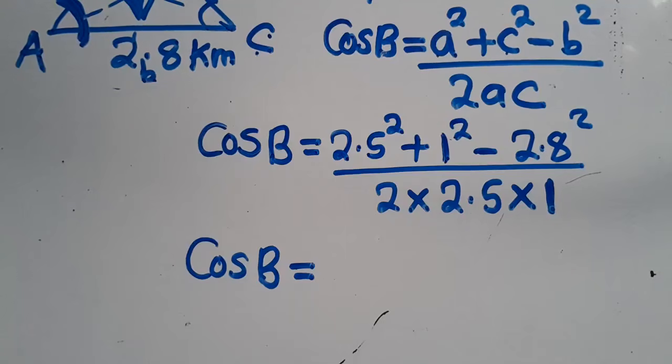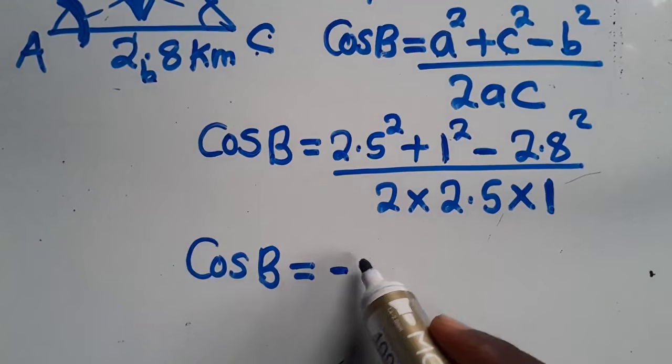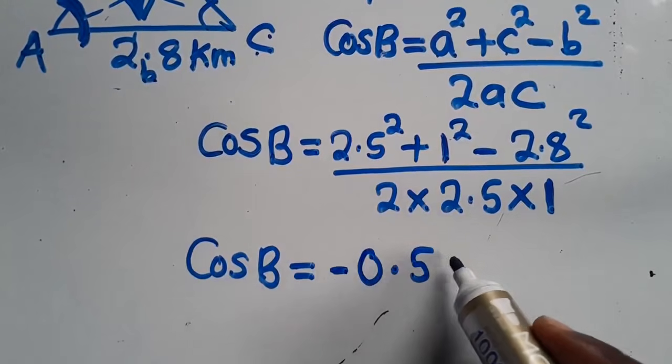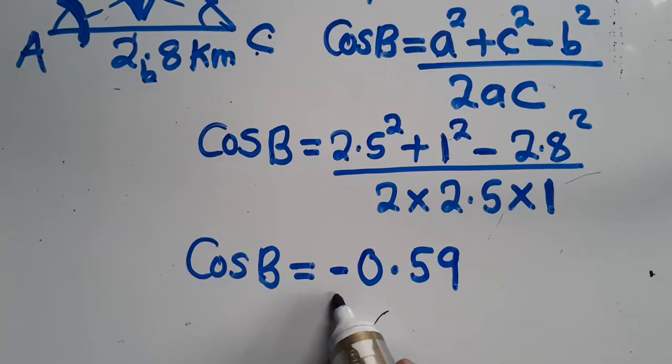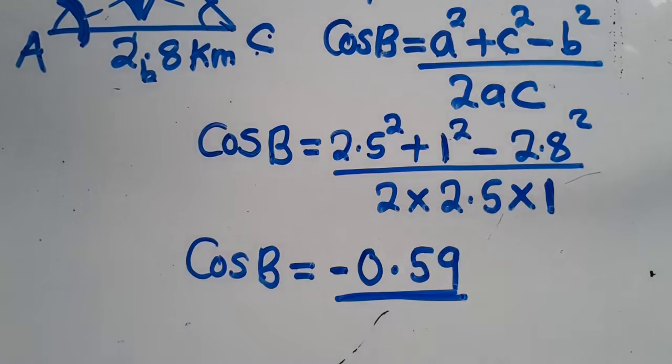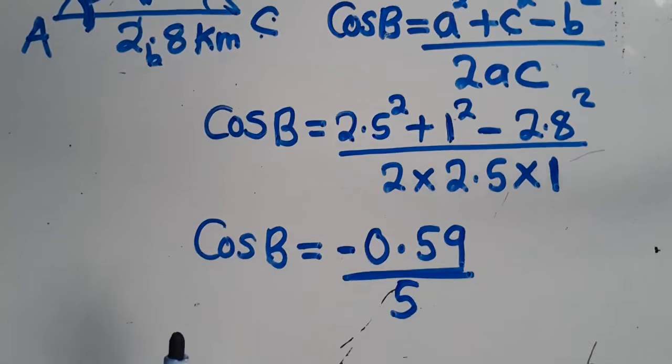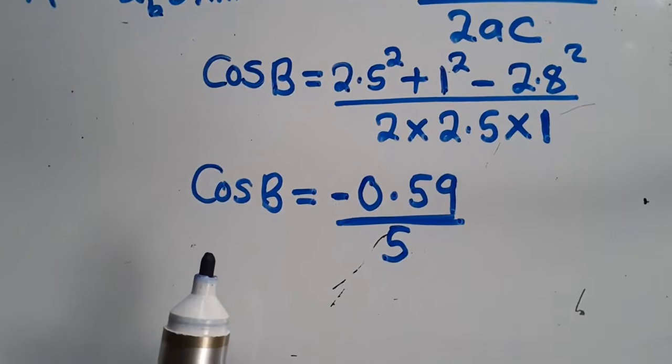What answer are you getting? The answer that you are getting is negative 0.59 over, what answer are you getting there down? 2 times 2.5 times 1. What answer are you getting? You are getting a 5 like this. Have you seen? You follow the steps nicely.